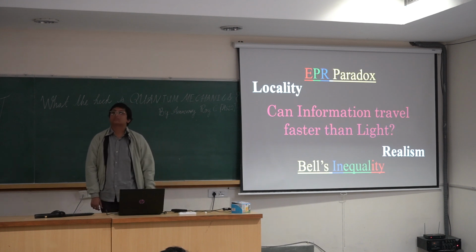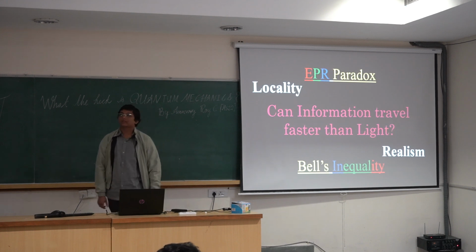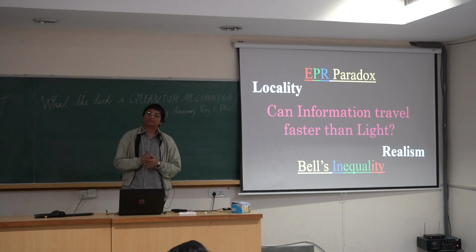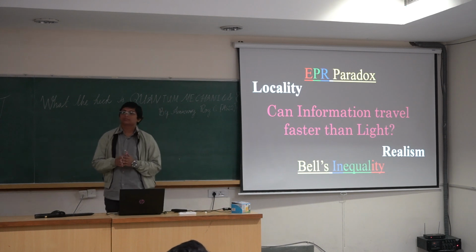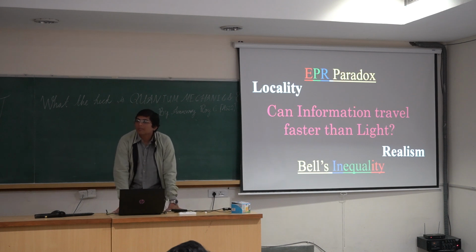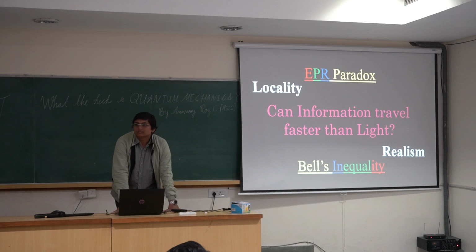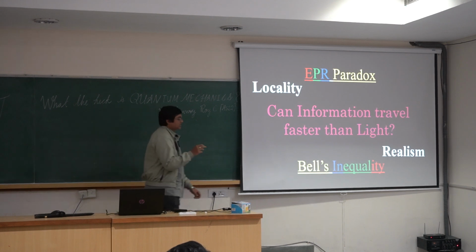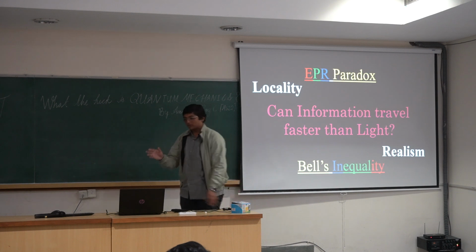And the second is that if we make any change at a certain point, it will only change neighboring points. It will not change a point that is a long distance away. That's one of the most important things in the EPR paradox.